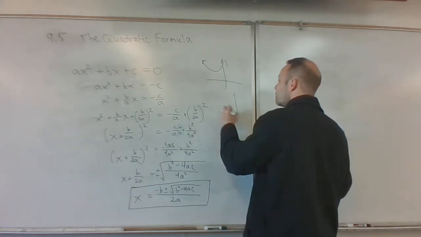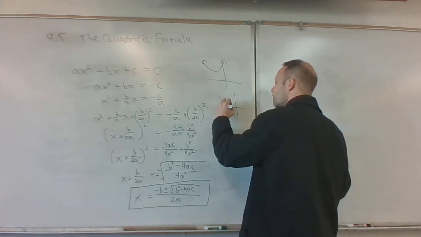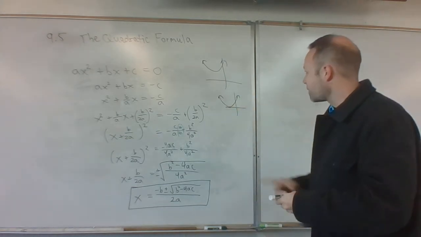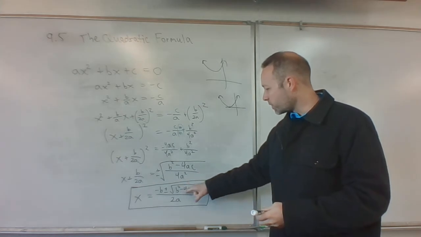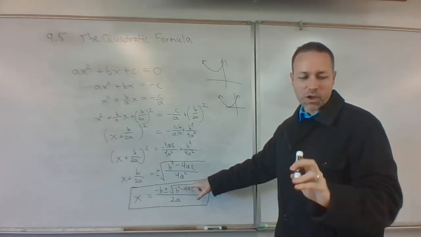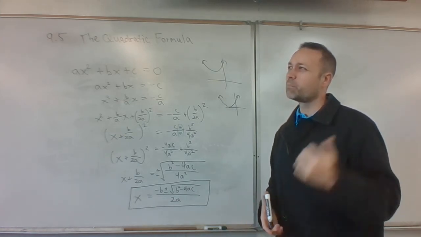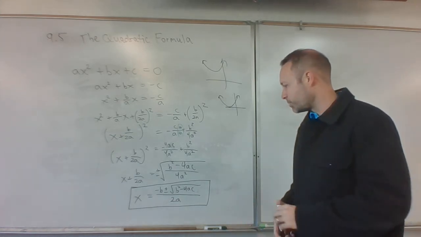Or it could be you have one real double root, and that's where it touches the x-axis, just one place. And what's going to happen there is whatever the b squared minus 4ac is, that's called the discriminant. You'll get more into that a little bit in Algebra 2 and then pre-calculus.